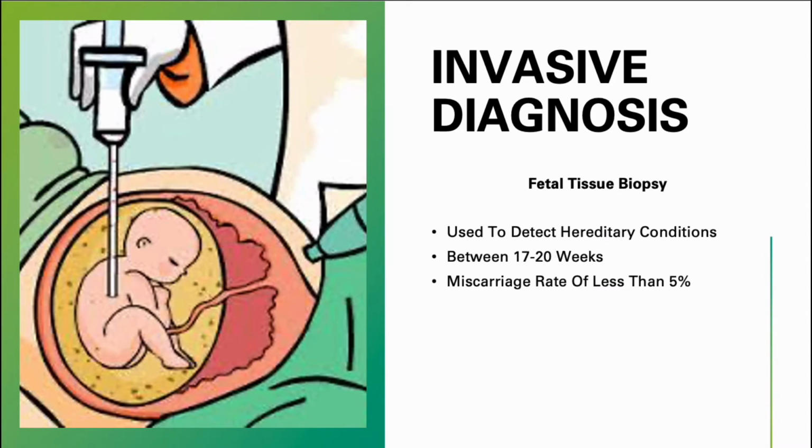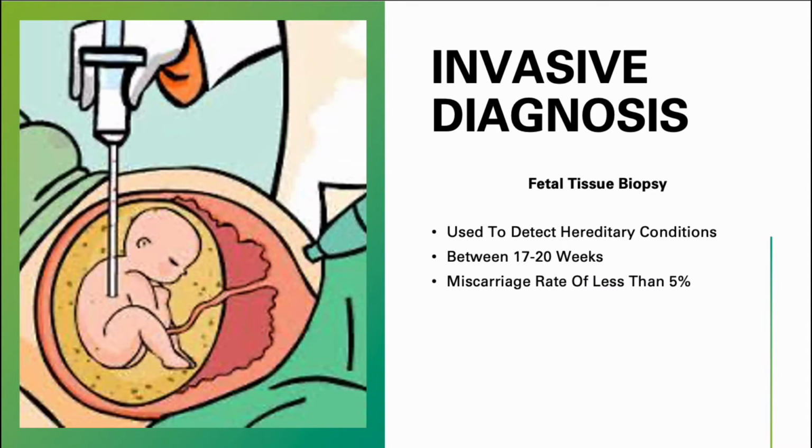Now, the main risk that's associated with fetal tissue biopsies is, again, a miscarriage. Spontaneous miscarriage, and aside from that, infection, and even early delivery. We call that preterm delivery.